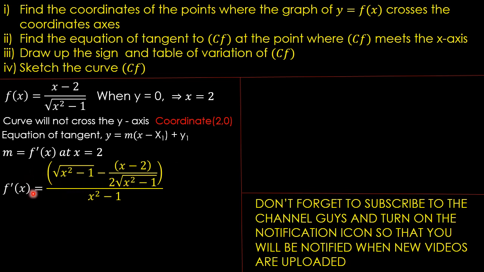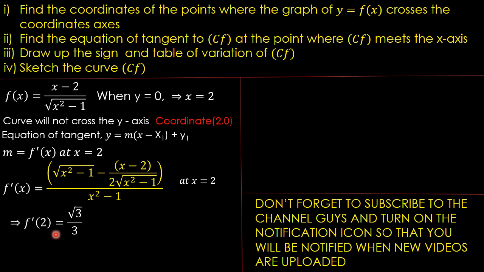So at x equal to 2, we are going to have f prime of 2, which is equal to root 3 by 3. Why that? Because if you put 2 into this, everything here becomes 0. You are going to have 2 squared, which is 4. 4 minus 1 is 3. We have the square root of 3, all that on 3. So this is our gradient, the value of m.